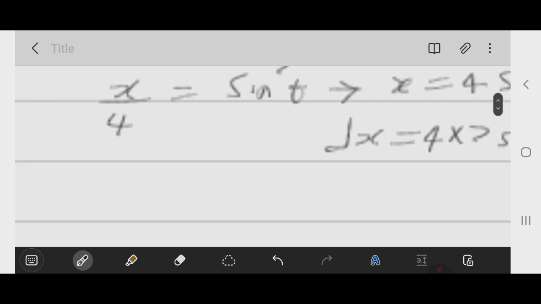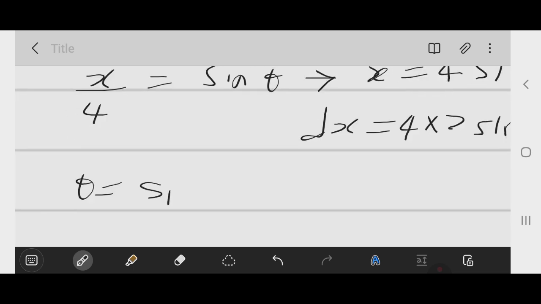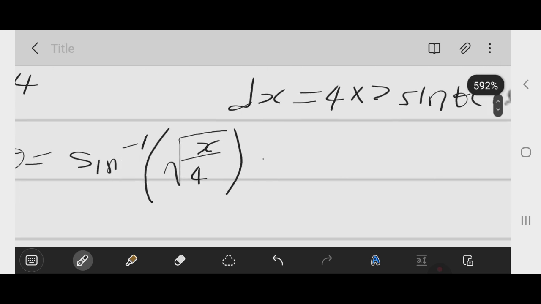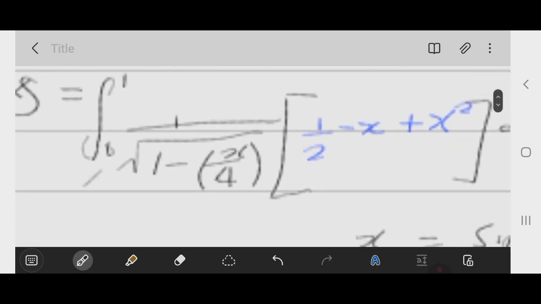Now it's time to make theta the subject of the formula. So theta is equal to the arcsine of the square root of x over 4. We're going to use this to identify our new interval.